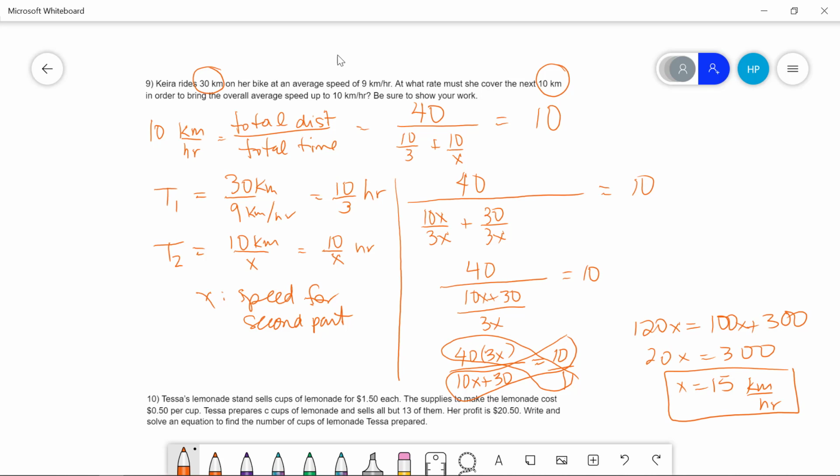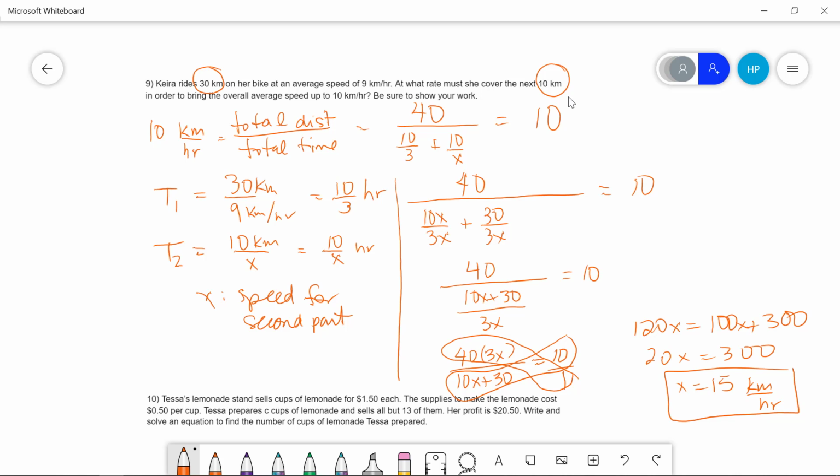And it would be a great idea for me to really try this out, right? Go back and figure out if we do, so 30 kilometers at 9 kilometers per hour and 10 kilometers at 15 kilometers per hour. What is that total time actually? And it should equal 4, because 40 divided by 4 is 10.